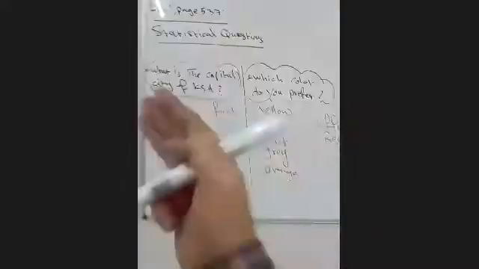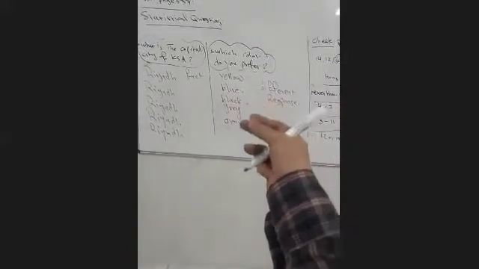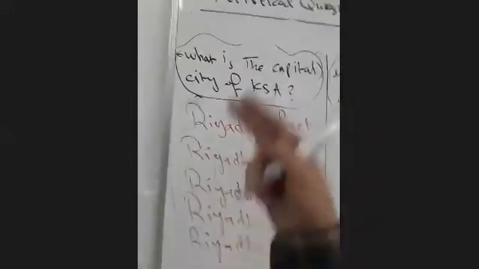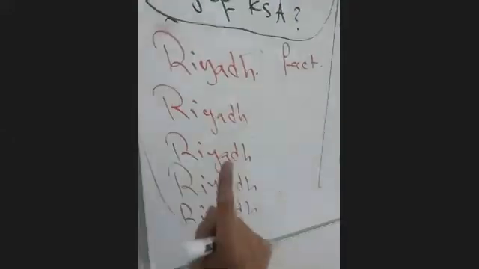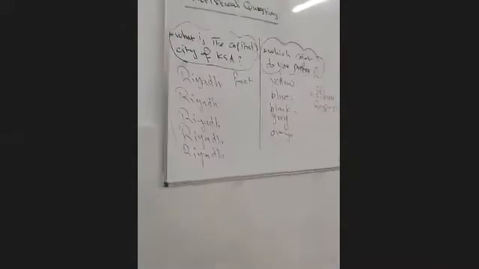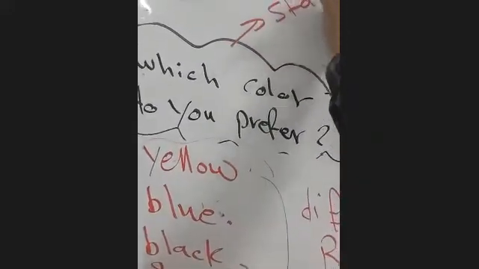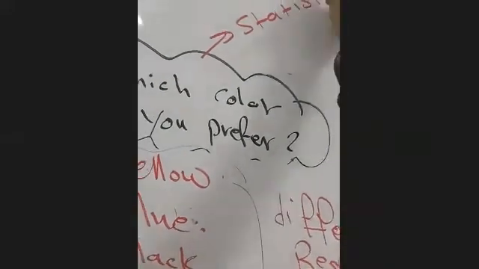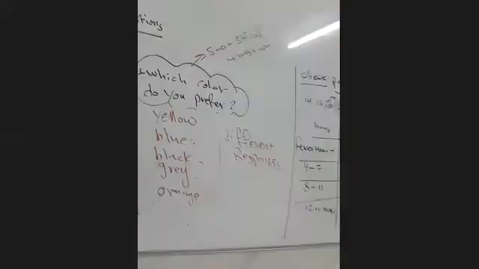Yes. So here we have 2 types of questions. The same question I asked your friends, all of them answered, but with different responses. And here all of them answered the same question with one unique, correct, true answer, right? So this type of question, which has different responses, we call a statistical question.